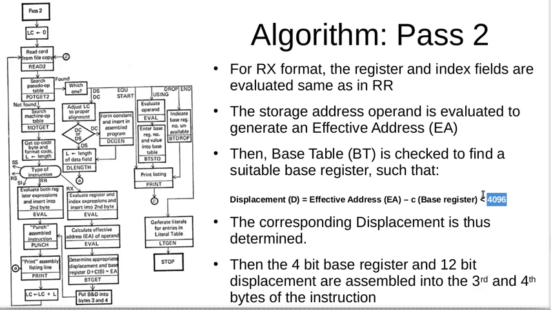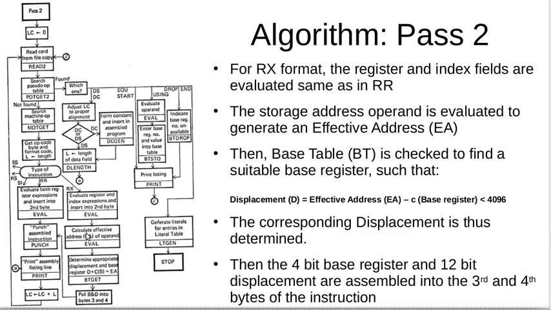Now what gives us 4096? We get 4096 using the effective address minus the content of the base register, right? So in this manner we can define what displacement we are using in the RX format instruction.